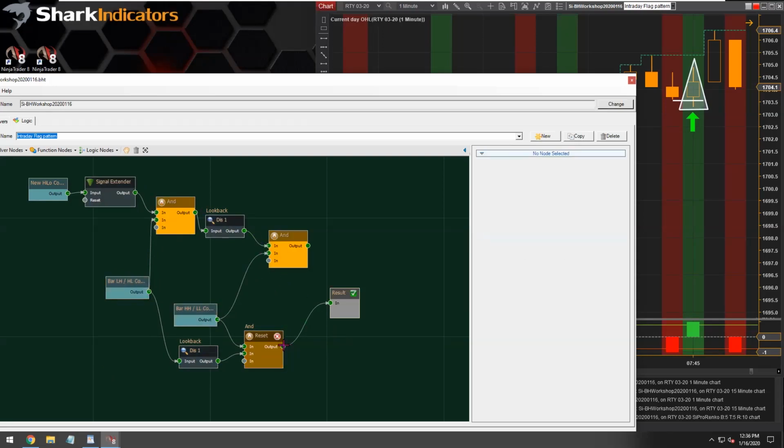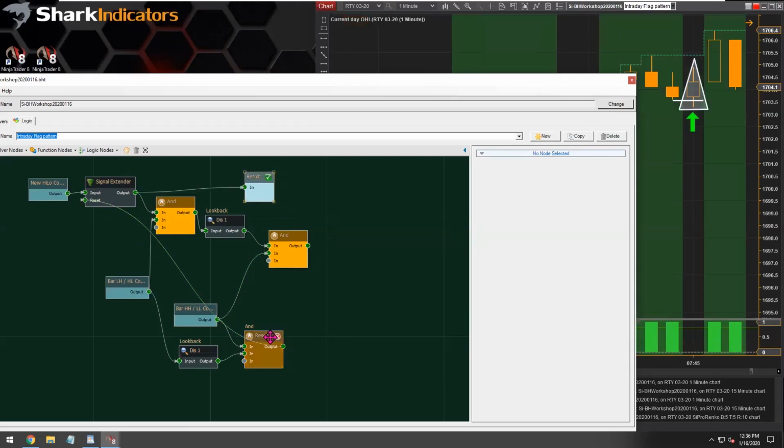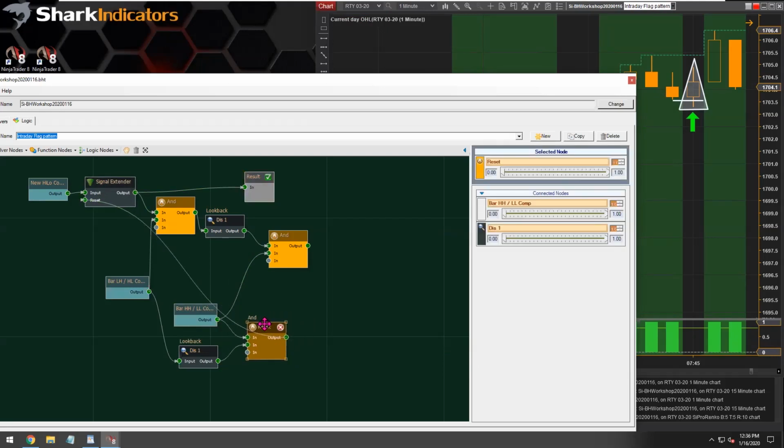So I can take this AND node, connect it into the reset now, and I don't have a feedback loop. This signal extender is not connected into this AND node in any way, so there's no feedback mechanism.